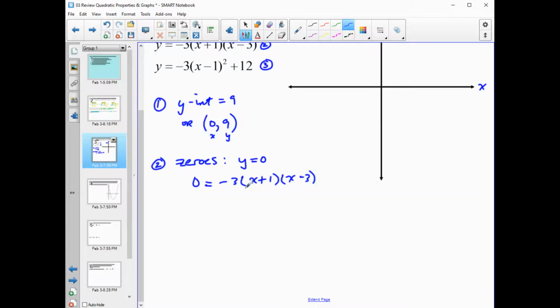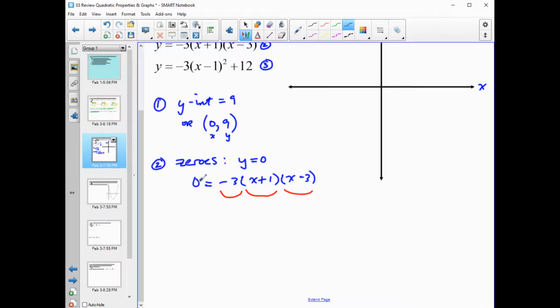And strictly speaking, that's how you find the zeros. So what I have here is a product. I've got -3, which is a number, multiplied by this other factor, which is (x + 1) in the brackets, multiplied by this third factor, (x - 3).